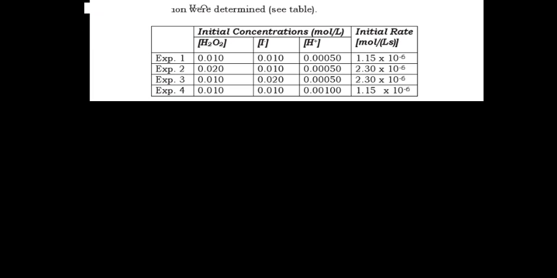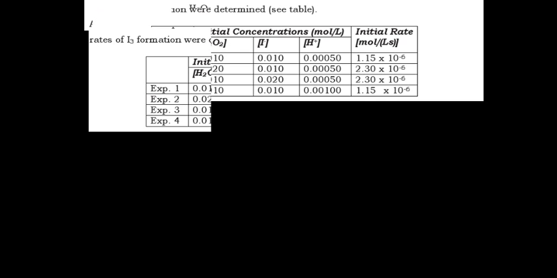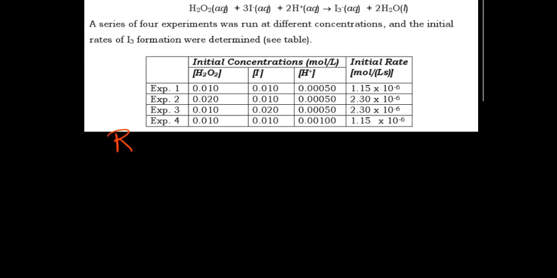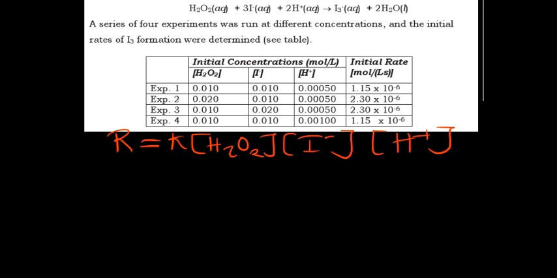So let's try to do that. I'll write the equation again. Our R, which denotes the rate, is equal to K, and then we have H2O2 as one of the reactants, and then we have iodide. And in the table, the information we have is all about the 3 reactants in the equation. So now let our powers be x, y, and z.